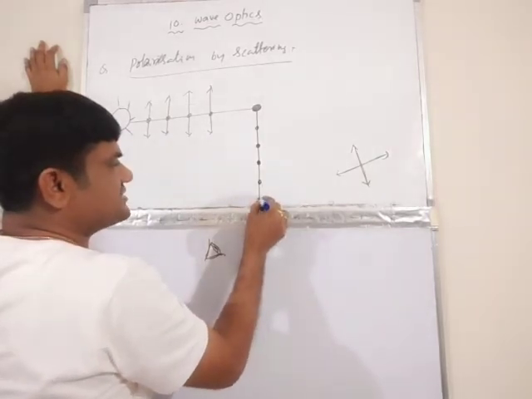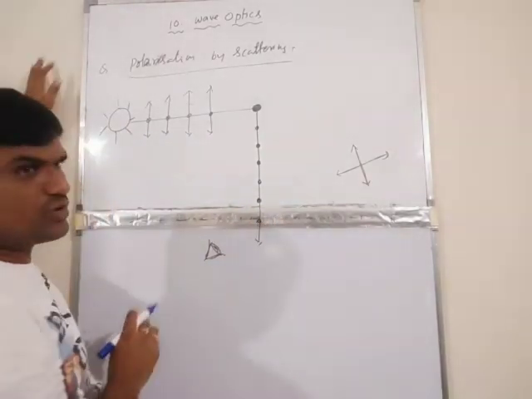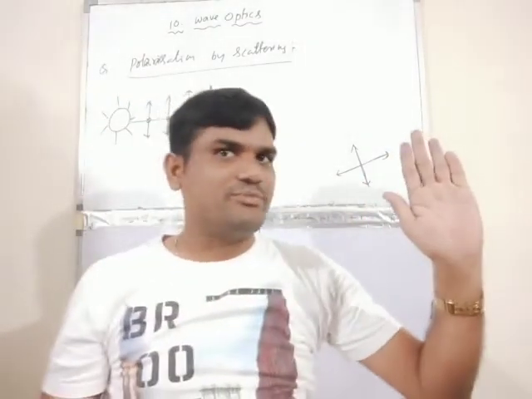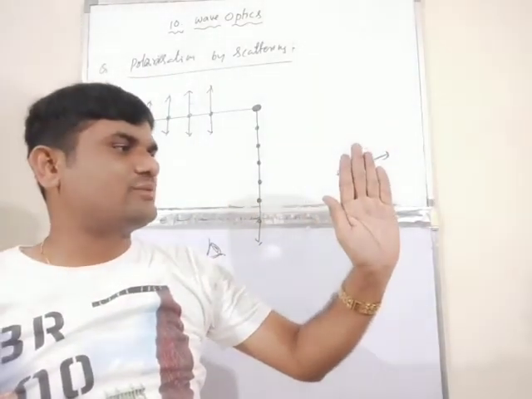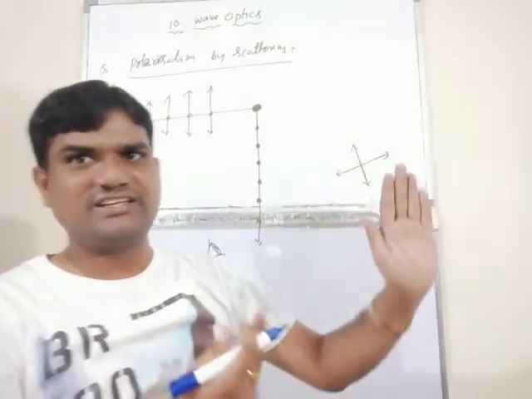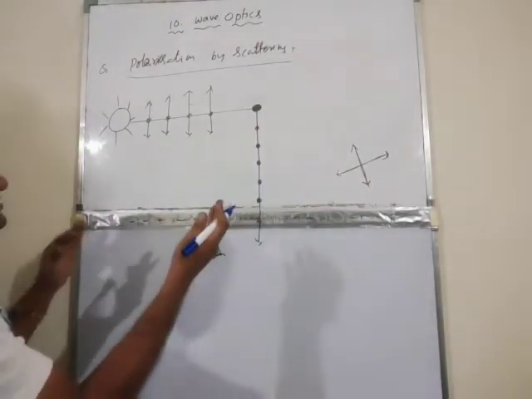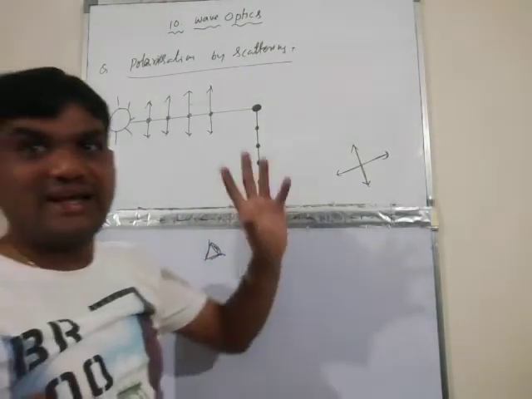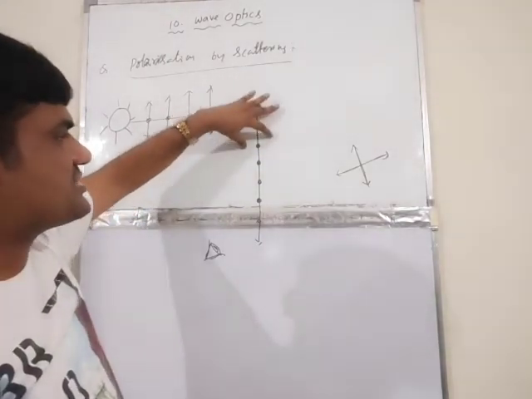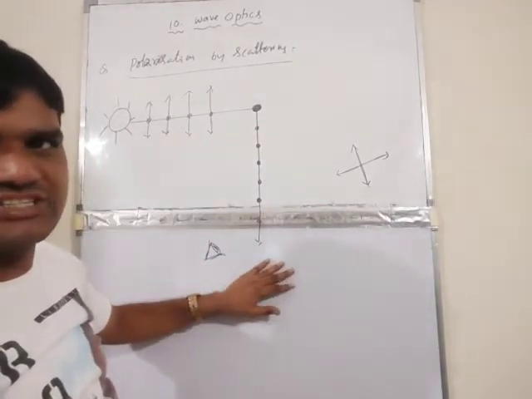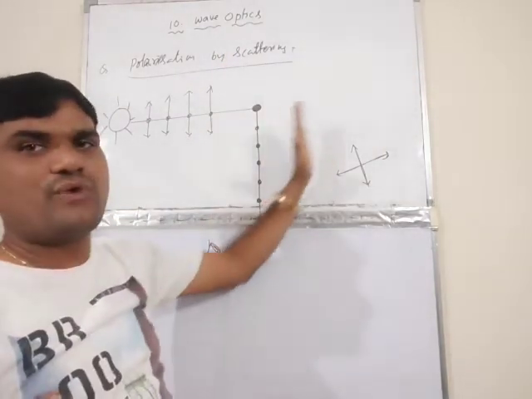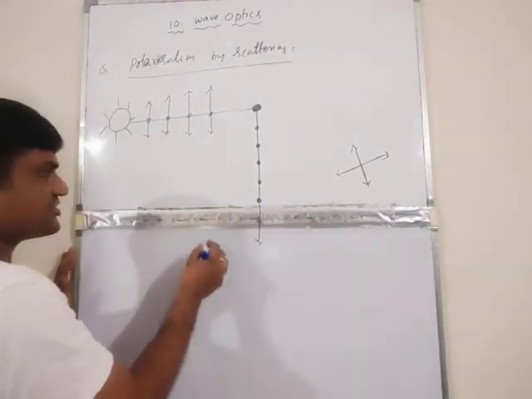He can observe only one direction, not two directions at a time. That means the electrons can vibrate only in one direction, either the x direction or the y direction. So that is what the person can observe here.